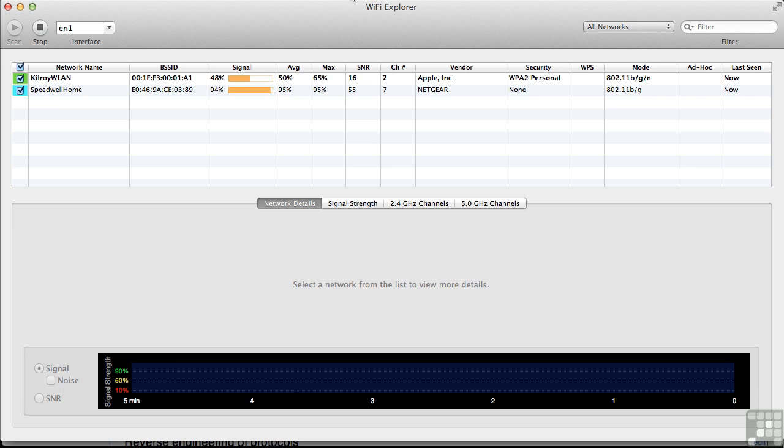So let's take a look at Kilroy WLAN. Because it's using WPA2 personal, what I could do would be to create a Kilroy WLAN myself and set up an access point for it. And instead of giving somebody network access, what I'm really doing is copying the authentication for this particular network.